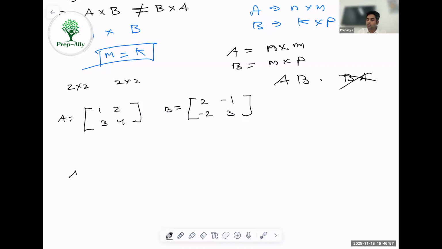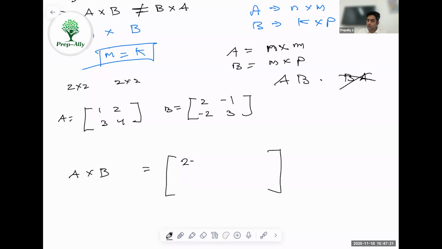If we are doing A into B, then we multiply rows of matrix A with columns of matrix B. So we multiply the first row with the first column, and that will make the first element over here. So it will be 1 into 2, that's 2, and -4. So that will be -2.